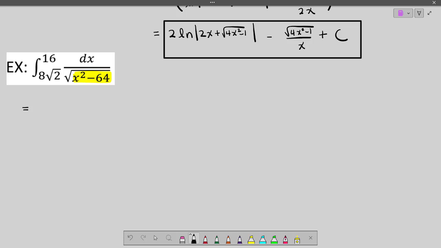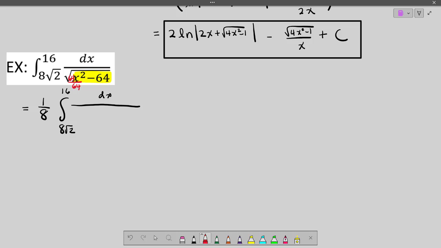So I'm going to factor a 64 out of that square root. The power comes with the number that you're factoring out. So the power here is 1/2, so the square root of 64 is 8, and the 8 will be in the denominator. And inside here, when we factor out that 64, there is not a 64 here, so we put 1 in.